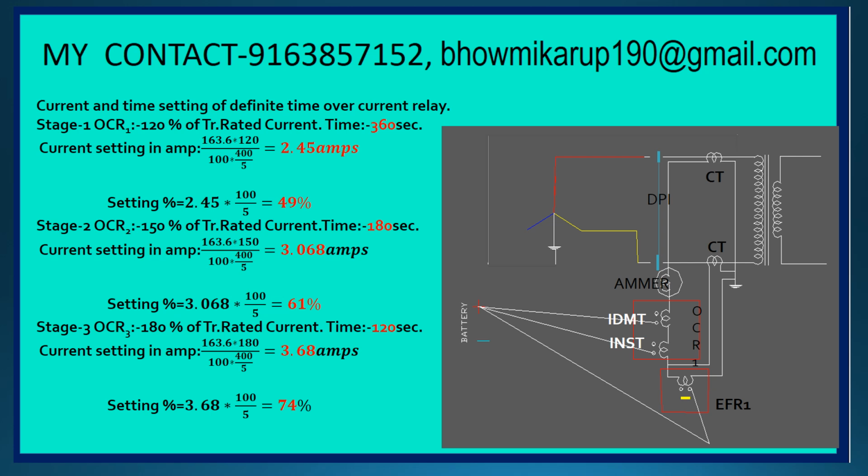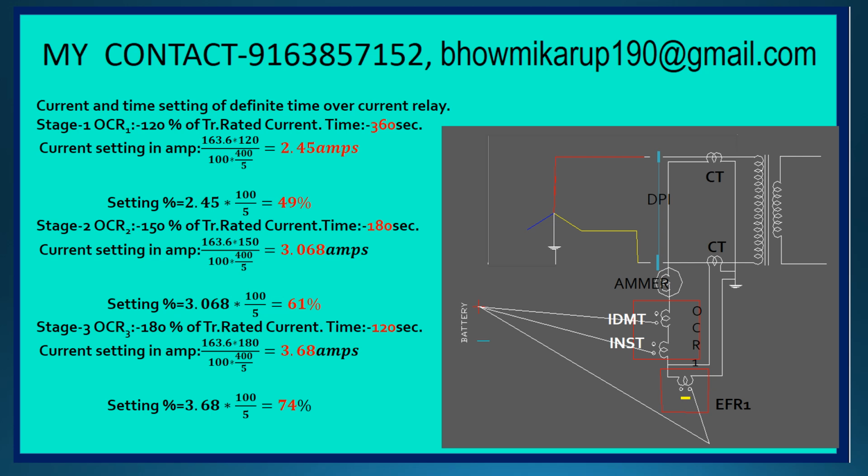And again stage 3, it is 180%, and its time is given as 120 seconds, 2 minutes. So again 180% current you can find out. It is coming around 3.68. You set it, and then find out how many parts of 5 ampere is this 3.68.